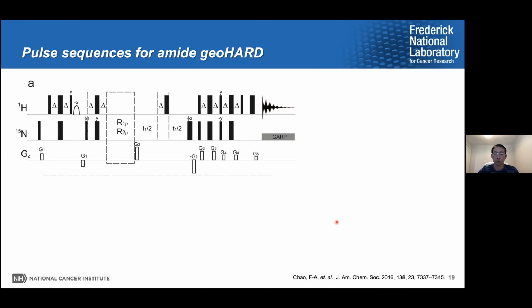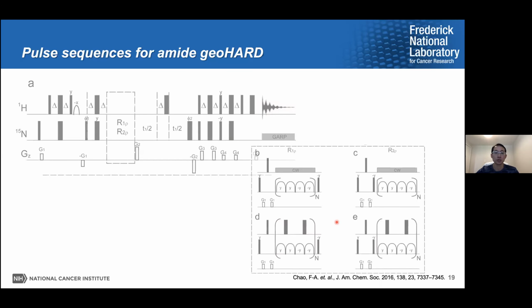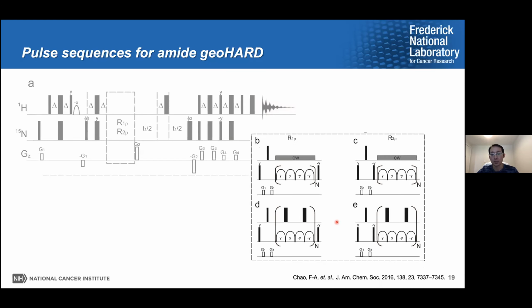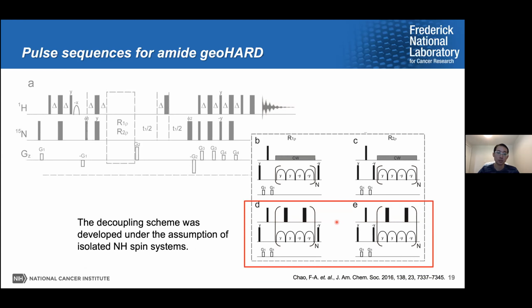The only thing we modify is to incorporate a proton decoupling scheme to remove cross correlation between CSA and dipole-dipole interaction. The decoupling scheme was developed under the assumption of an isolated NH spin system. Apparently this assumption no longer holds if your protein is big enough and you cannot deuterate your sample. But we have a new version of the experiment that is going to be published soon and replace this older one.